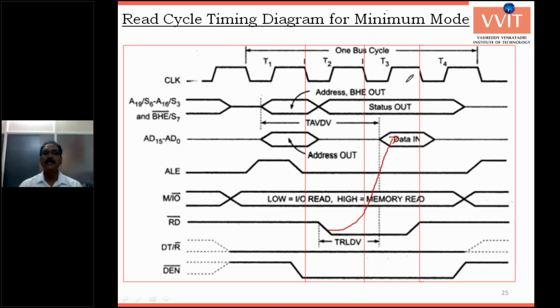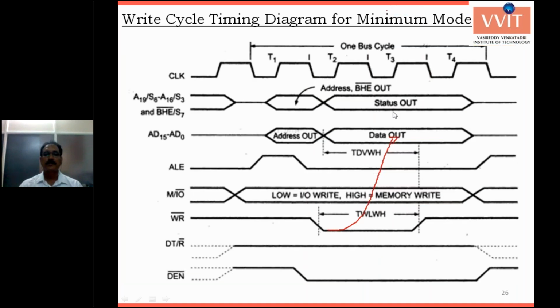But in the previous diagram, it is activated immediately. Data written is immediately available on the data lines, and that data is written into the memory location. This is the main difference between the read and write cycles.